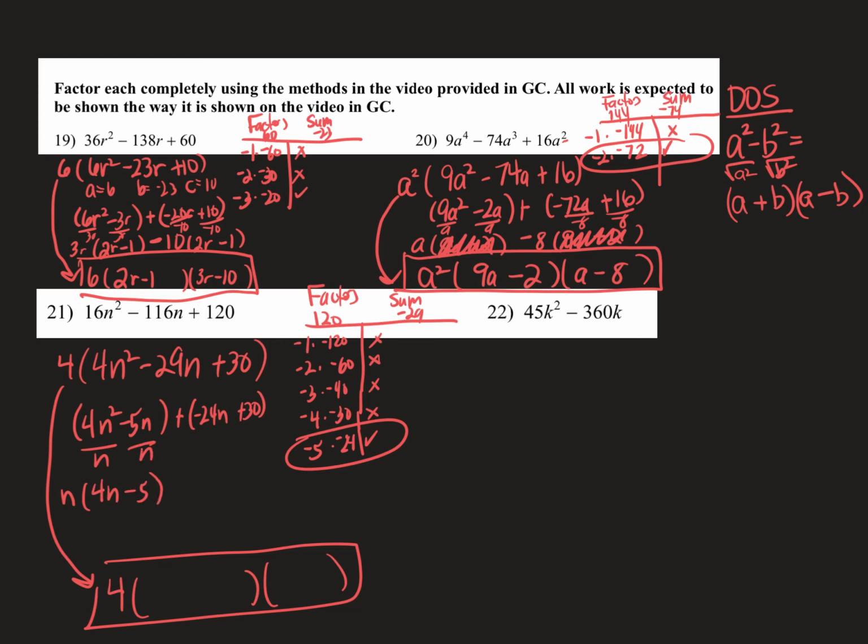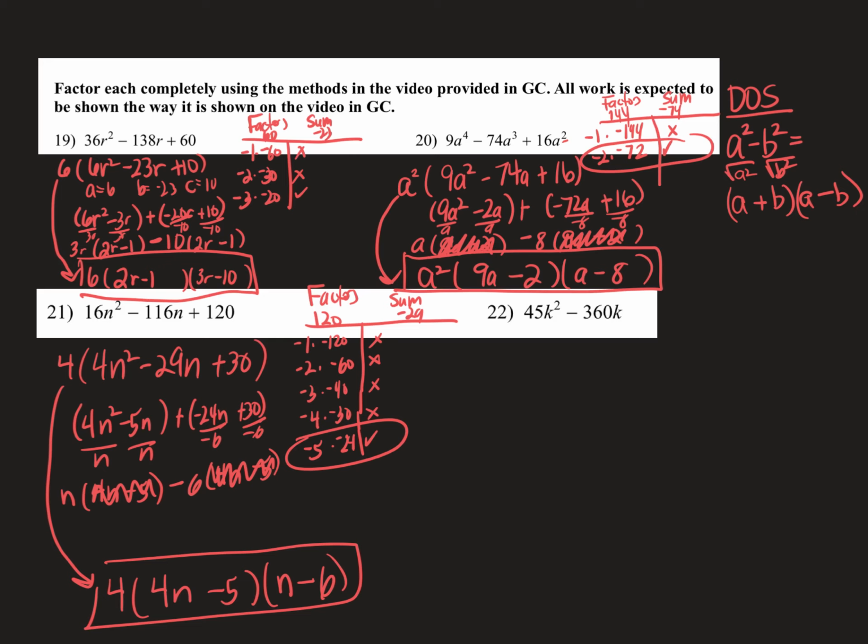The second group has negative 6 in common, and that would leave me positive 4n minus 5, and it worked. They have 4n minus 5 in common, and when you take 4n minus 5 away, you have n minus 6. So that is the factored form of 16n squared minus 116n plus 120.